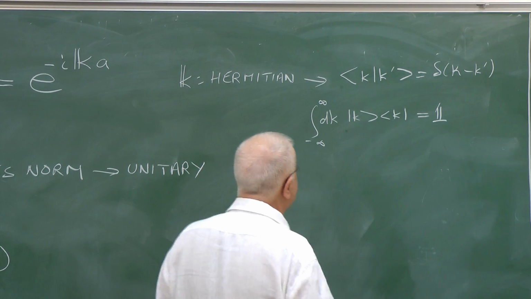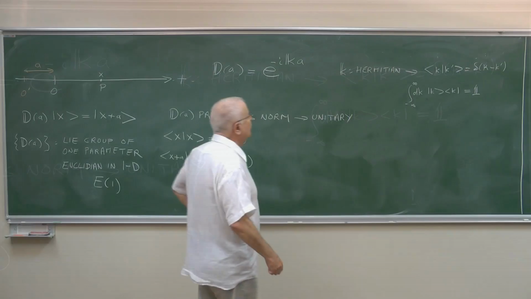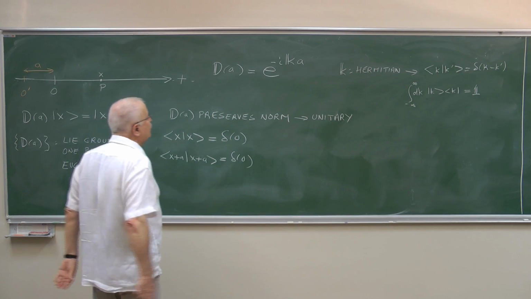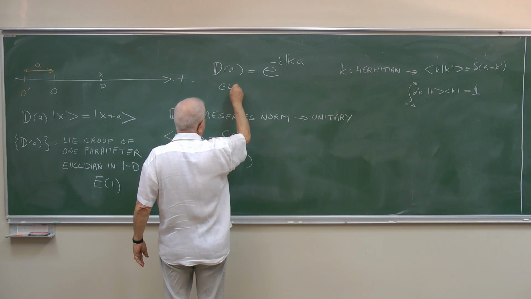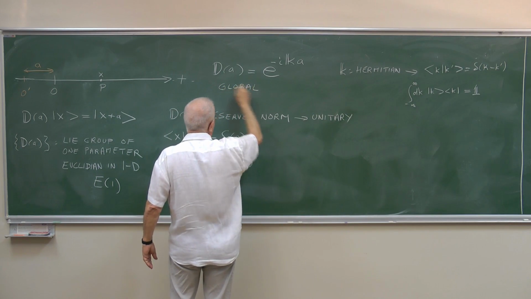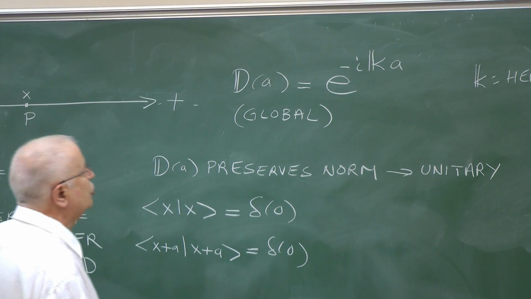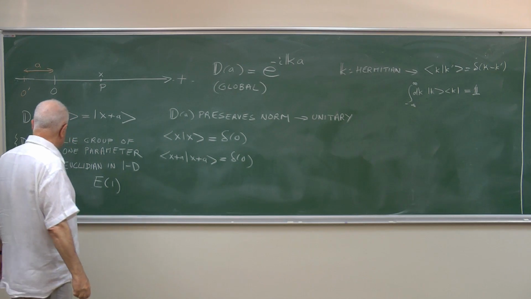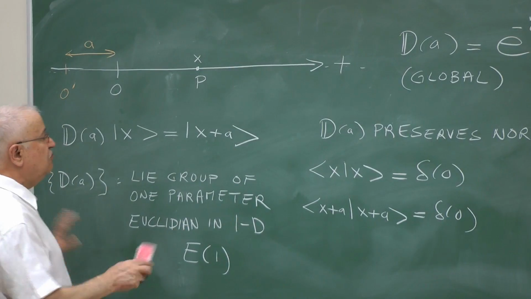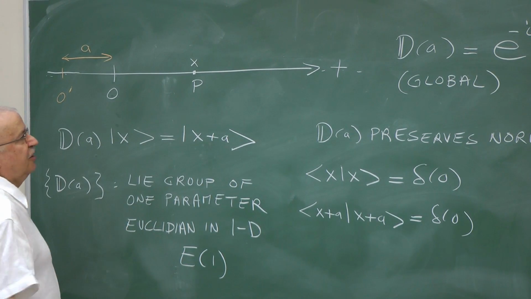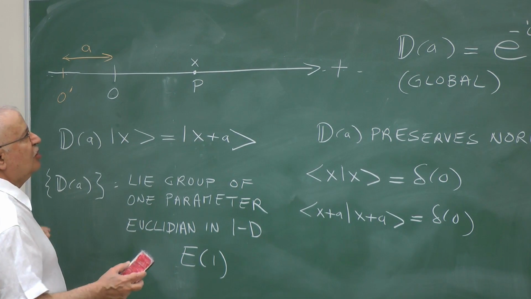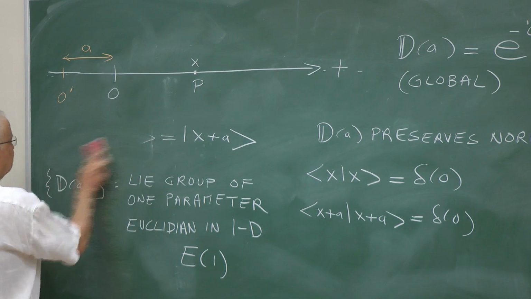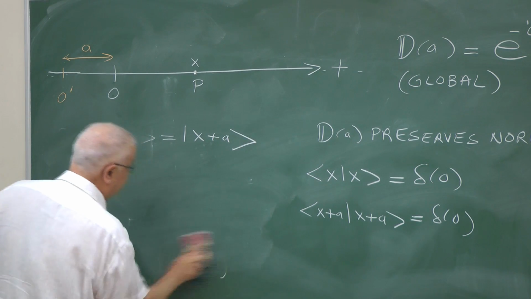This is completeness. This is what I would call a global approach, because A is a finite quantity. Now let's talk about local displacements, A being an infinitesimal quantity.